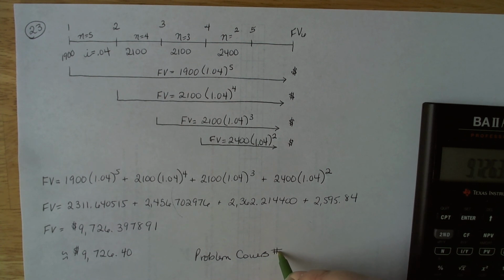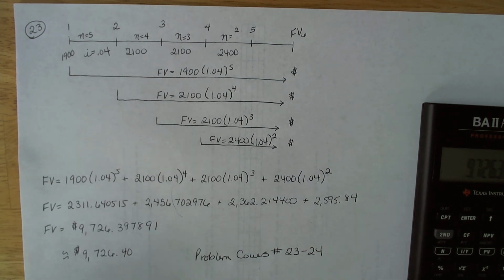All right, and so this problem covers numbers 23 through 24. So now we're off to question number 25. If you will recall, problem number 25 is the problem that gave us difficulty with the equal sign.